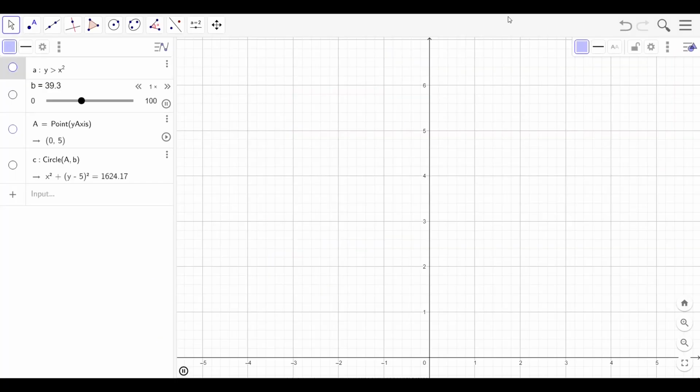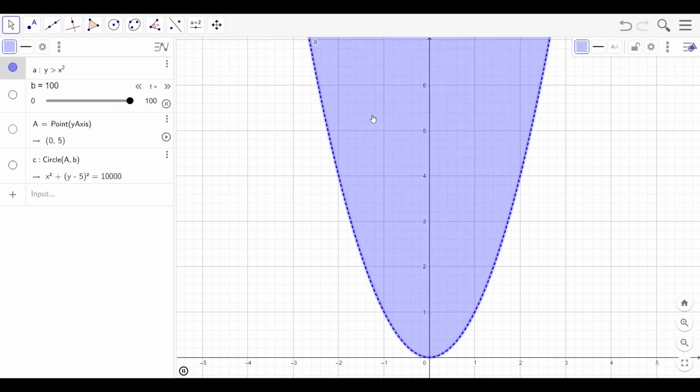On the other hand, you can give an example of an unbounded region. For example, consider the region inside the parabola y = x². So consider the set of all points in the xy plane such that y > x². You can see that this blue region is the region under consideration, and this region is unbounded because, for example, consider the point A, which is (0, 5). Consider the disk with center A, and you can observe that no such disk can enclose this region completely.